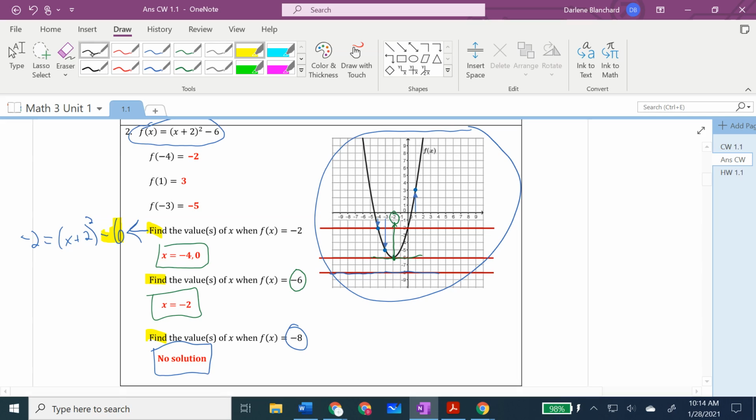We will first add 6. And when I add 6, I will get 4.